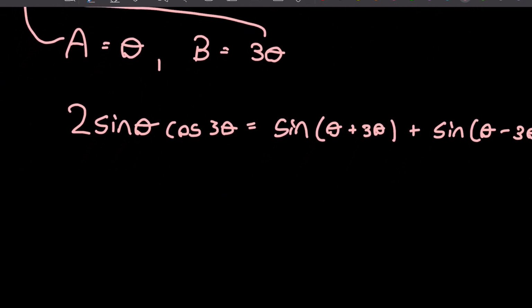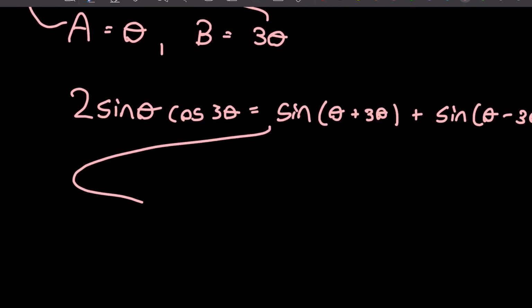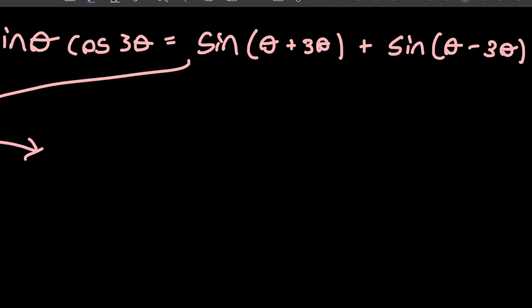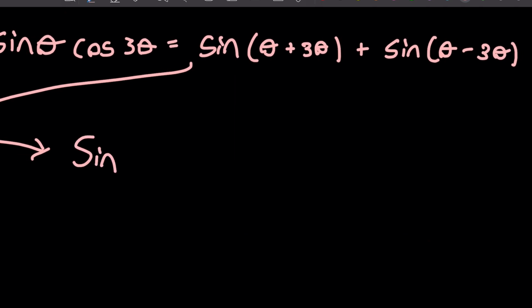So if we were to work this out a bit more, what we'd get is sine of 4 theta, because theta plus 3 theta is just 4 theta, plus sine of minus 2 theta.